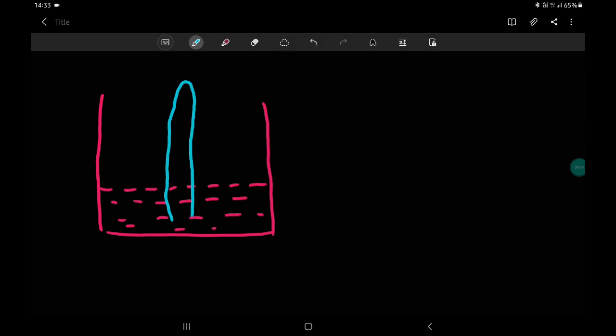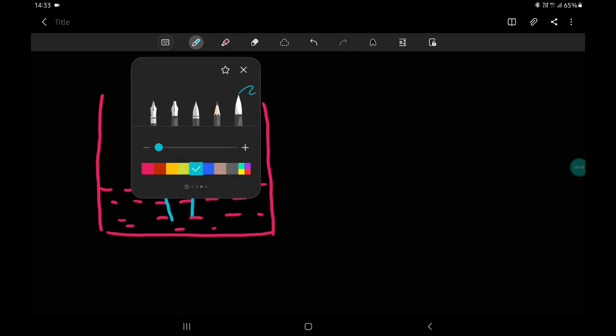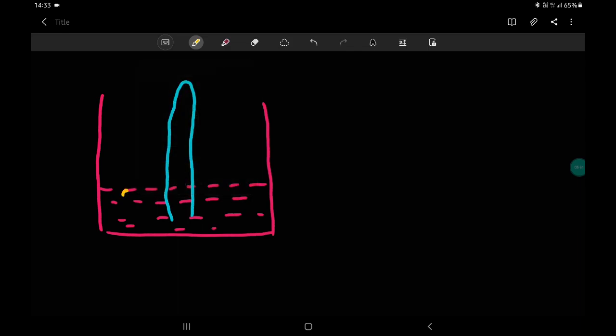Now I will mark some points. Suppose this is point A, this is point B, this is point C, and this is point D. So 4 points are there. Now someone comes and asks you what is the pressure at A, at D, at C, at B. If anyone asks you like this, what will be your answer?